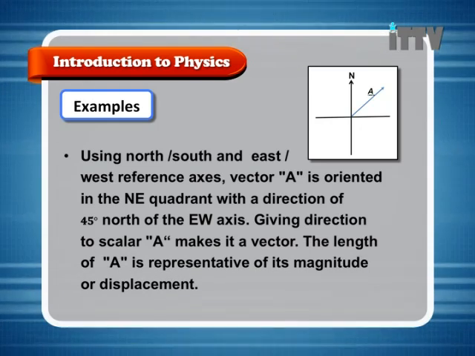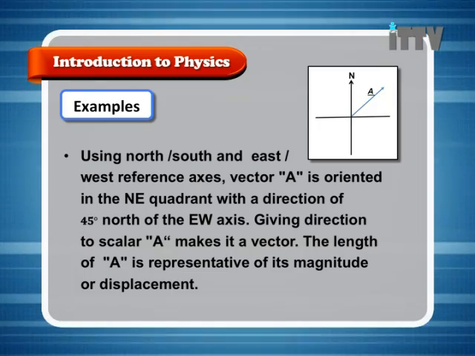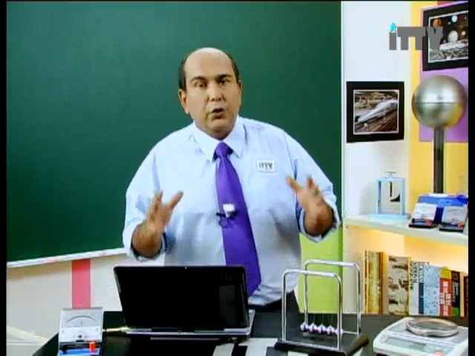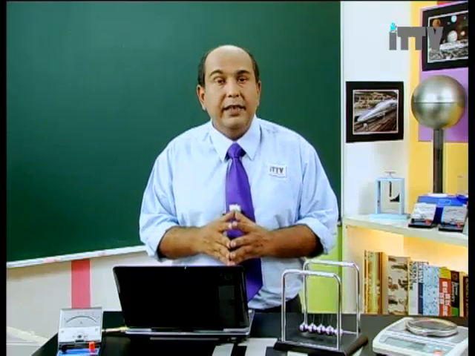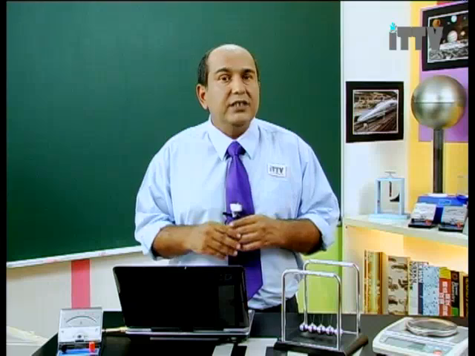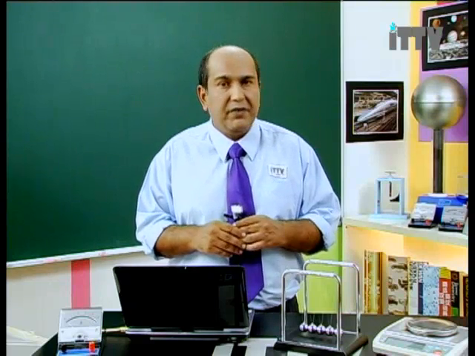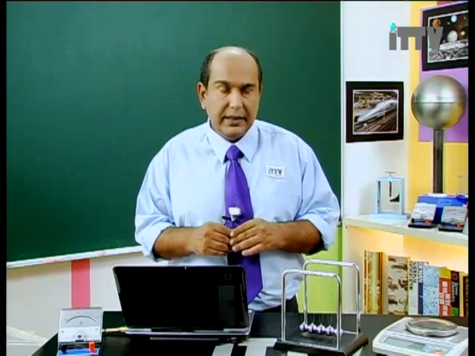The length of A is representative of its magnitude or displacement. So if you look at that slide, you can clearly see that the line A has, firstly, a direction. The direction is northeast at 45 degrees north of the east-west axis.